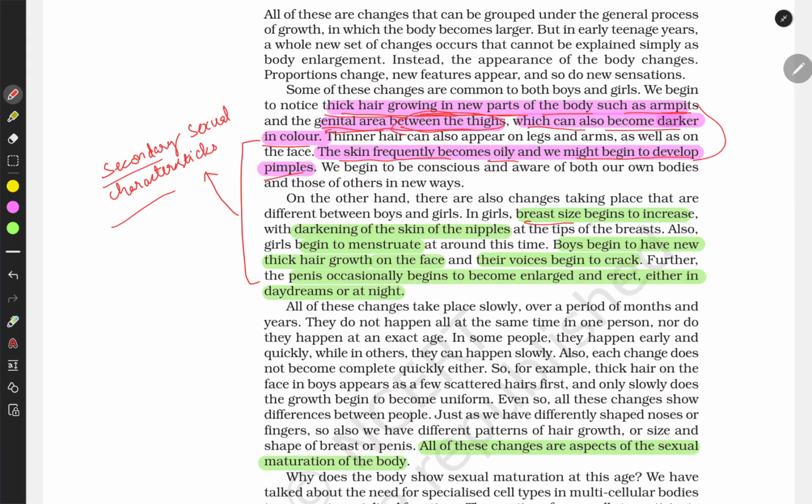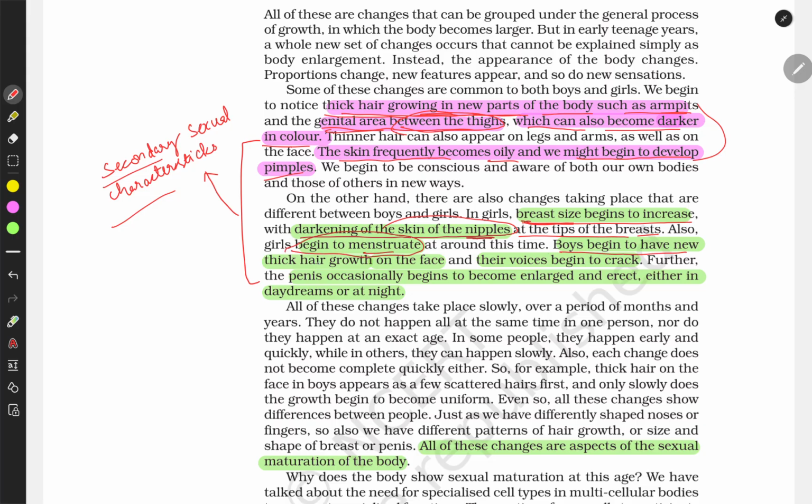In females, we see the breast size begin to increase, the darkening of the skin near the nipples at the tip of the breast, and they begin to menstruate.